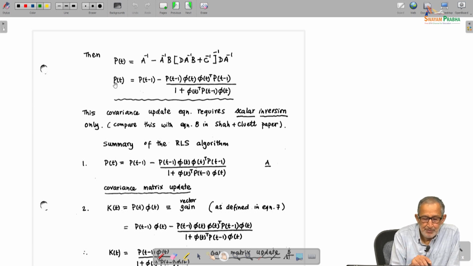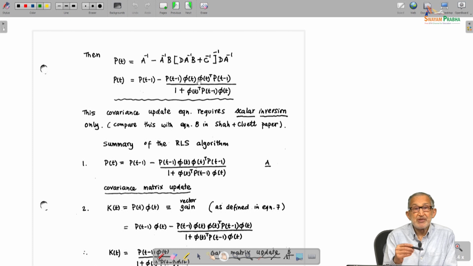So P t is P at time t minus 1, minus P t minus 1 phi phi transpose P t minus 1, divided by this term here, which happens to be a scalar. So scalar inversion is easier than matrix inversion. It is 1 plus phi transpose P t minus 1 phi t. So the covariance update equation requires a scalar inversion.